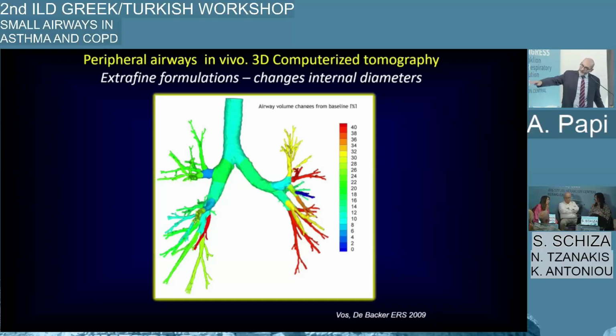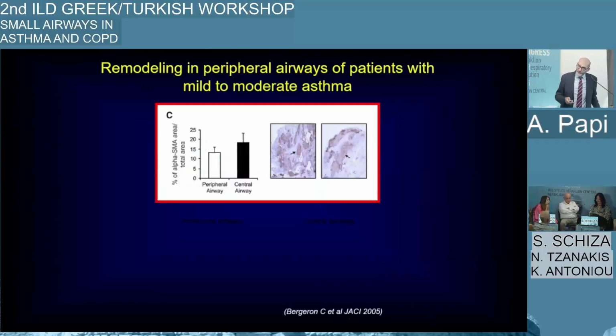The hotter the color, the greater the changes in terms of patency of the airways. And we can see that the most important changes, the hottest ones, are clearly in the peripheral district.